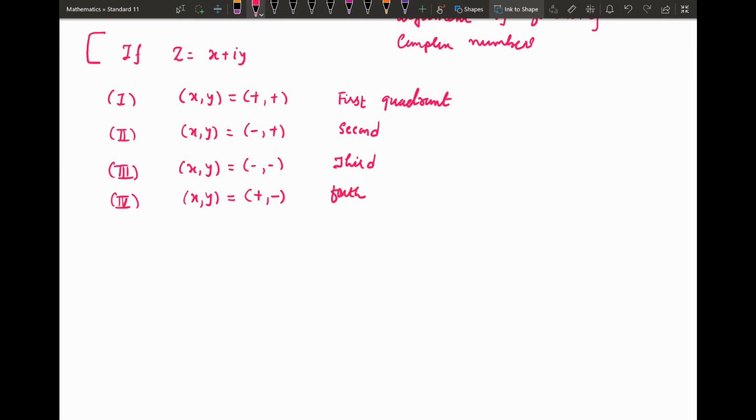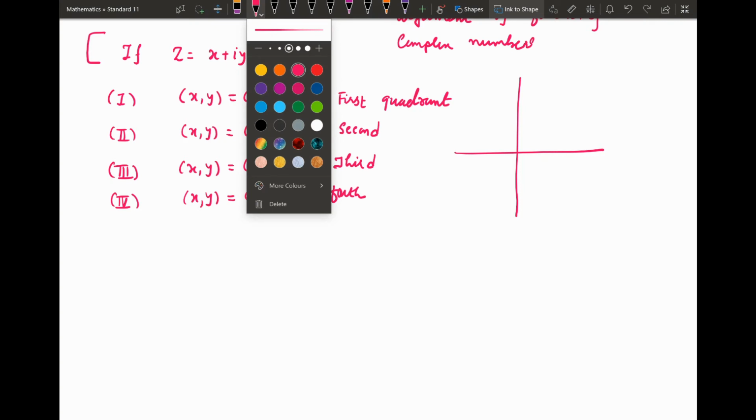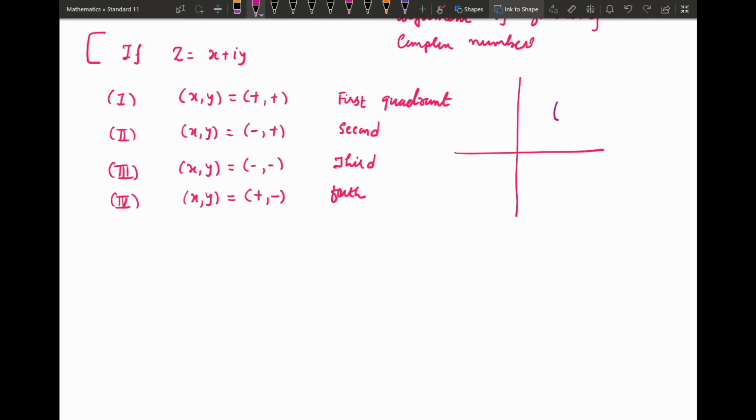When you find theta in all these four quadrants, in the first quadrant we take theta as the principal value, in the fourth we take minus theta, in the second quadrant pi minus theta, and for the third quadrant minus pi plus theta.